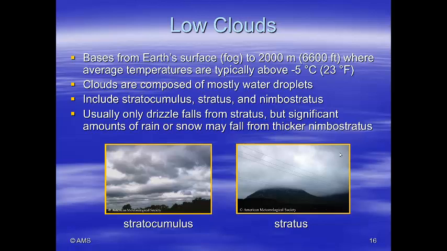These are composed mostly of water droplets, and they include stratocumulus, stratus, and nimbostratus. Usually only drizzle falls from stratus, but a significant amount of rain or snow may fall from the thicker nimbostratus.